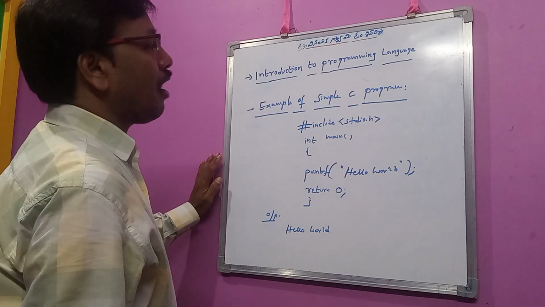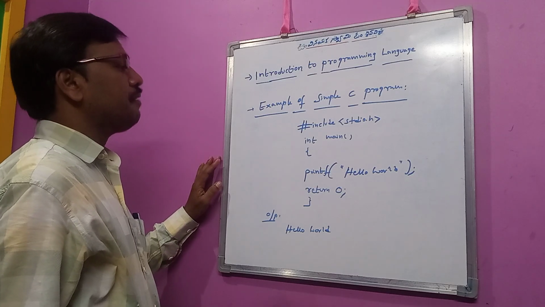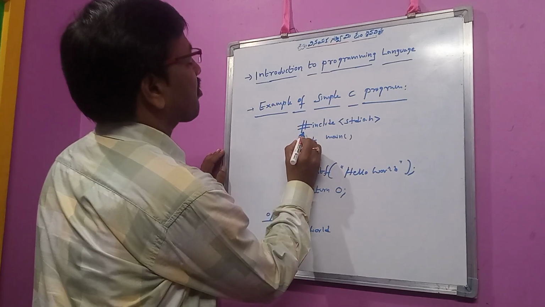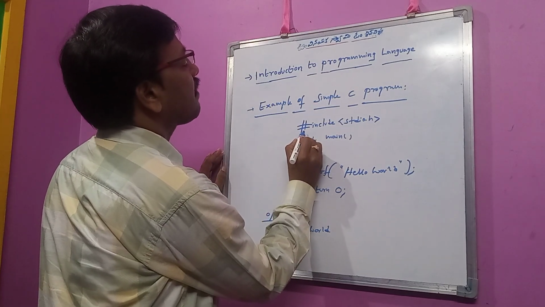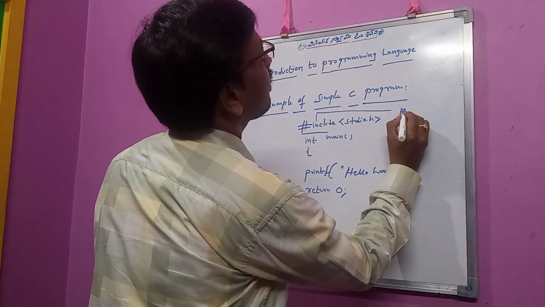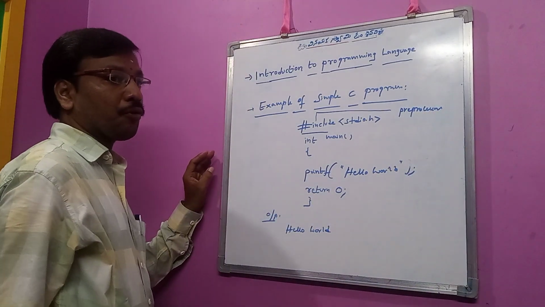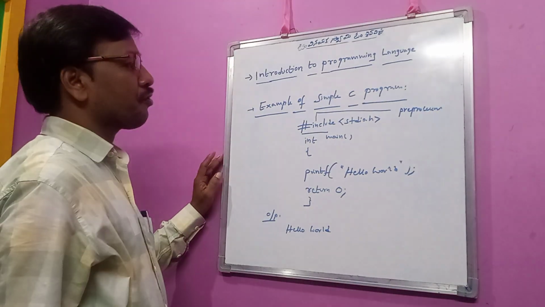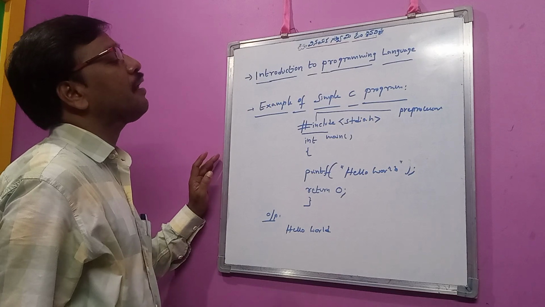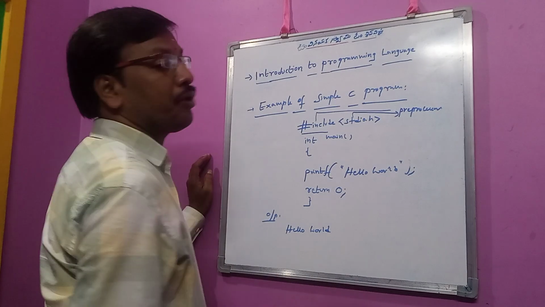You can see how a simple C program works. Here you can see hash. This is a symbol. This hash include is a preprocessor. The preprocessor tells the compiler about the standard input output header.